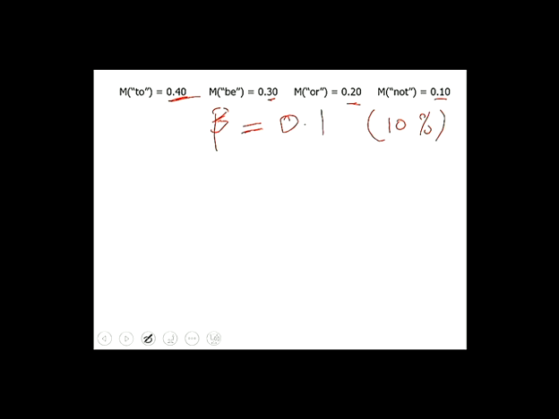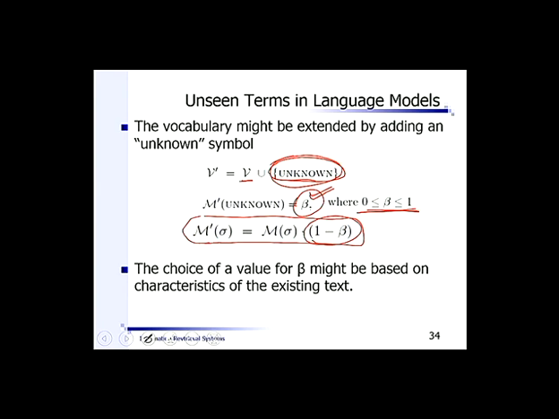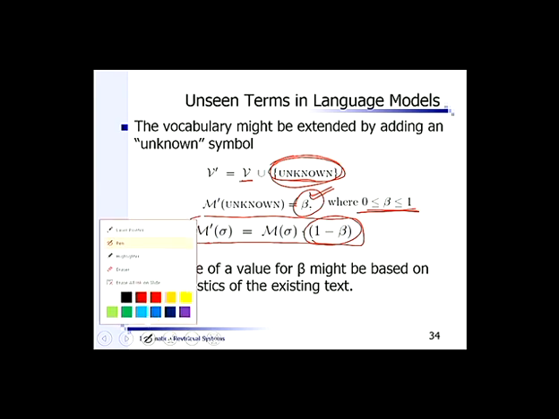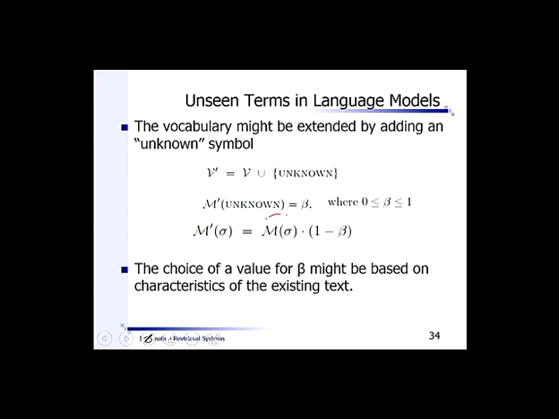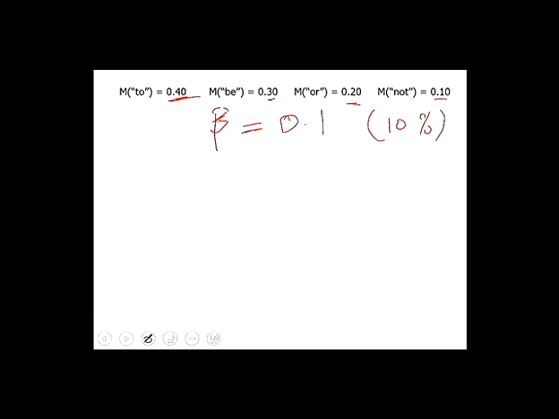Okay, if you see here how we revise them, we have the original probability and the original probability is multiplied with 1 minus beta to calculate the new probability. So now beta is 0.1, so the new probability of 2 is the old probability 0.4 into 1 minus beta, 1 minus 0.1.